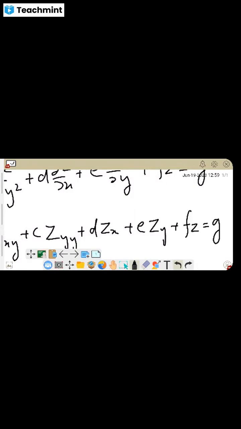This is the general form of the second order PDE.